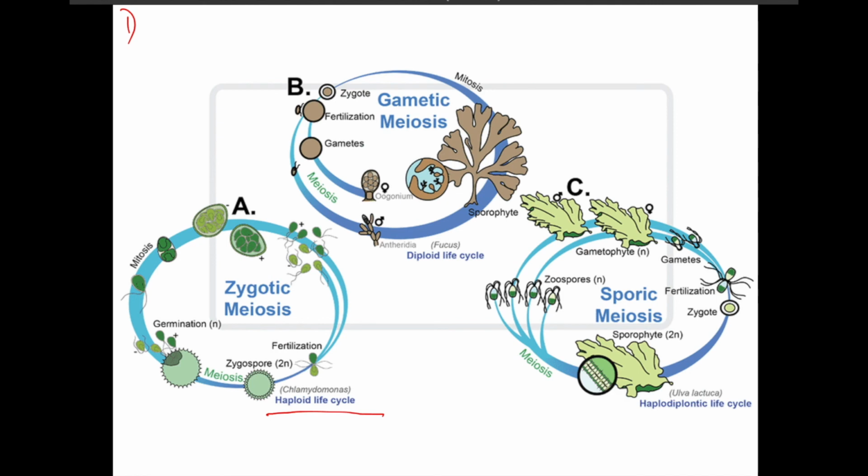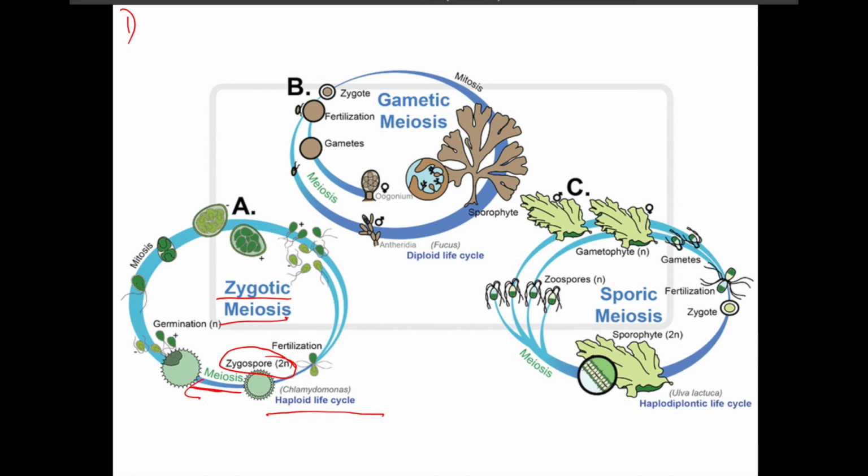For your zygotic meiosis, for your haplontic, that's why it's called zygotic meiosis, because meiosis happens after the generation of the zygote. Okay, that makes sense. That's why it's called zygotic meiosis, because in the haploid life cycle, in the haplontic life cycle, the meiosis happens after the generation of your zygospore, the zygote.